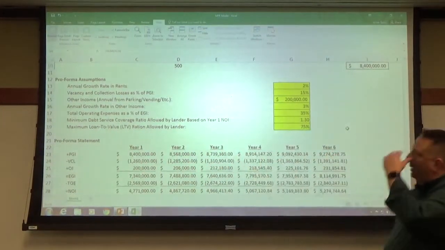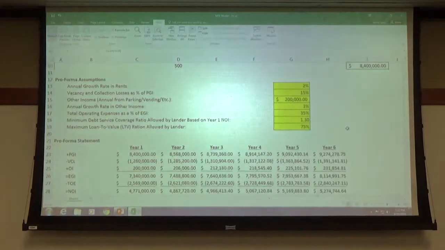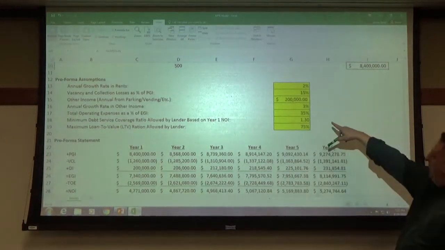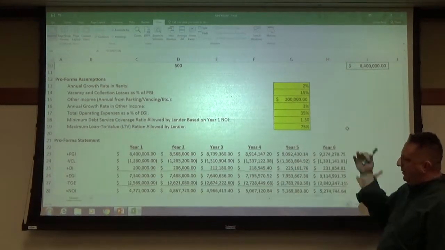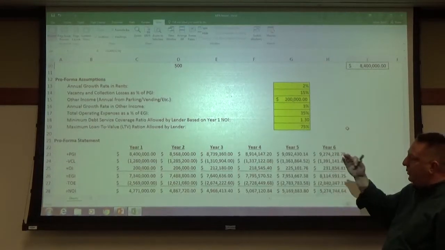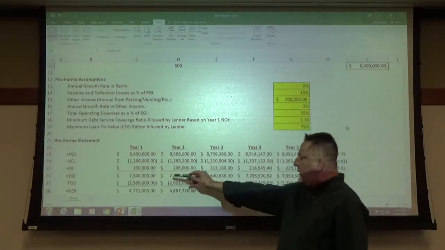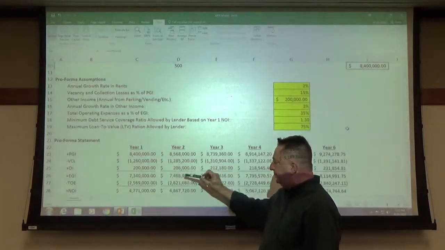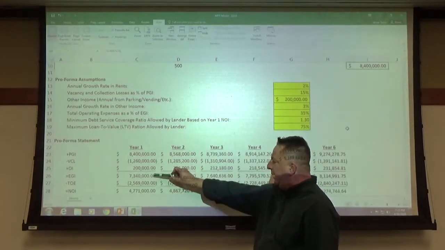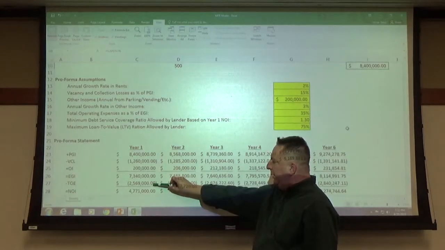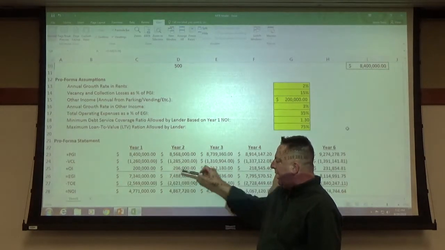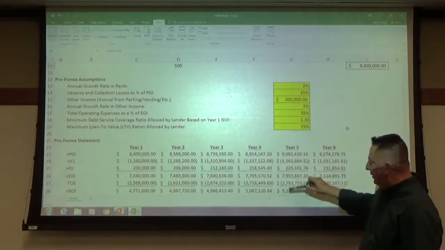Okay, operating expenses. In this case, we're saying those are going to remain at 35% of whatever that year's effective gross income is. So for each year, you would simply take 35% of EGI for each year.